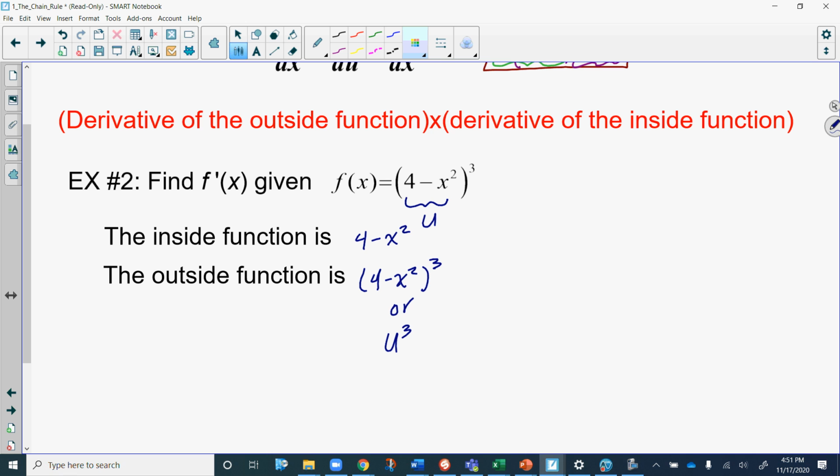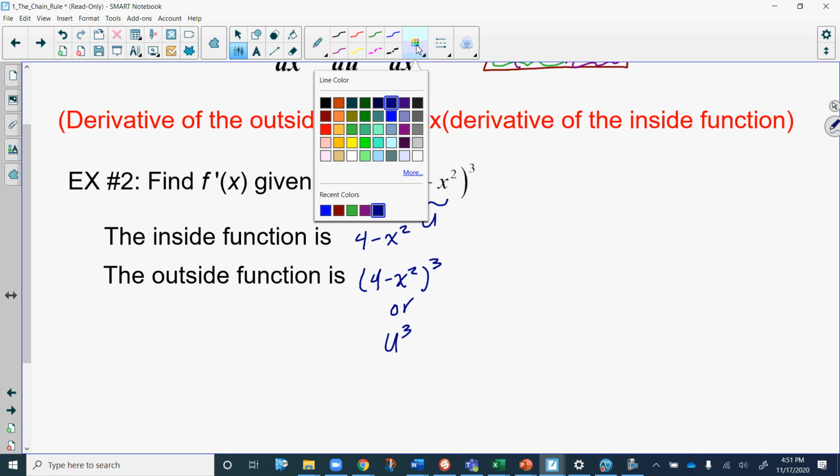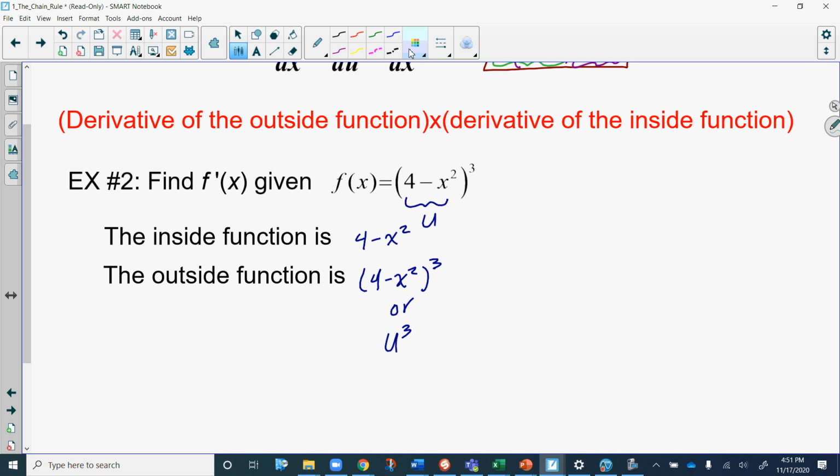Okay. So what we want to do now is, again, find the derivative using the chain rule. So here we can say, let me go ahead and pick another color here. Here we're going to say f of x, the derivative will be the derivative of the inside part. Well, let's do it the other way around. Let's try and keep it uniform.